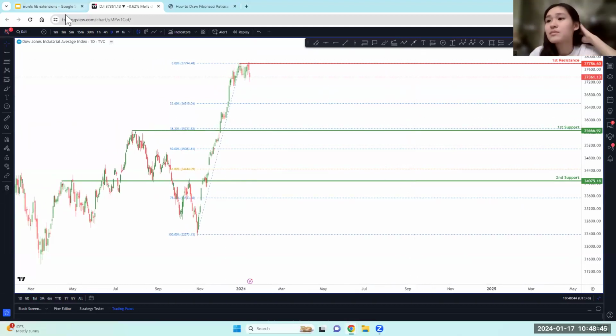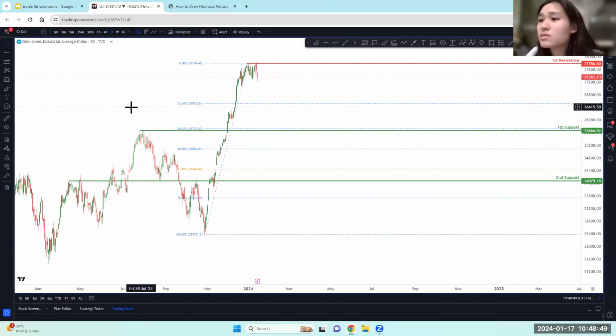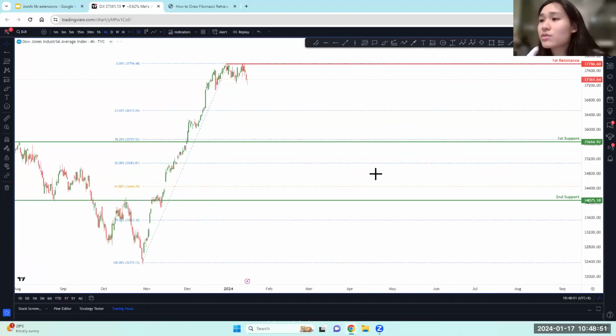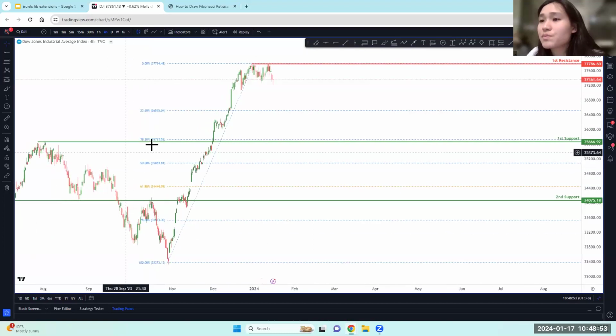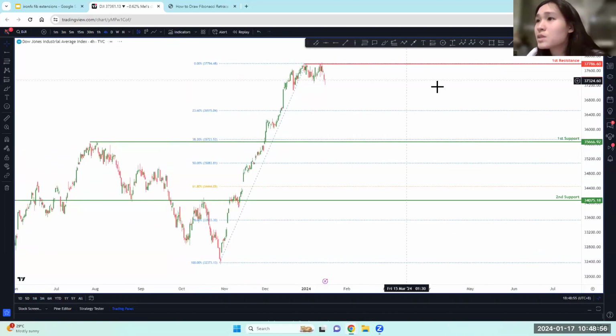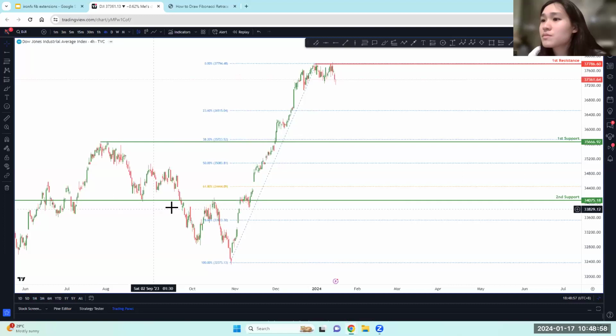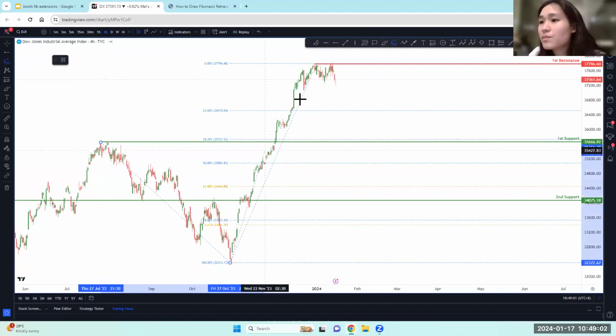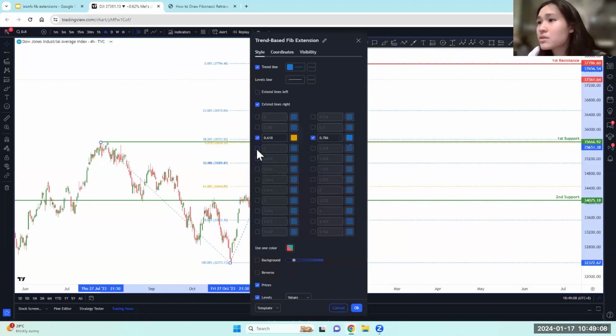Okay, let's look at this on our 4-hour time frame instead. It's pretty similar. Now I'm going to look at a projection. For projection, we use these 3 levels.